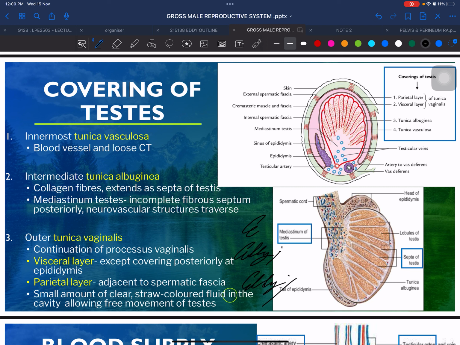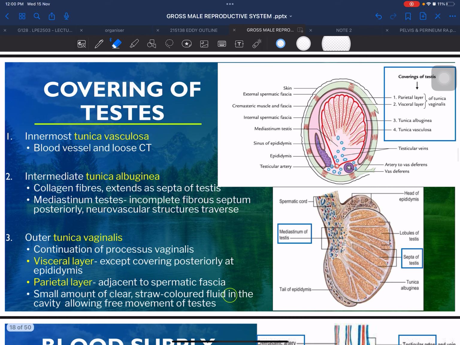The septa is formed by the tunica albuginea, and the mediastinum testis also. This is an area of incomplete fibrous septum posteriorly, where all the neurovascular structures traverse. And the innermost tunica vasculosa is a loose connective tissue covering the blood vessels.